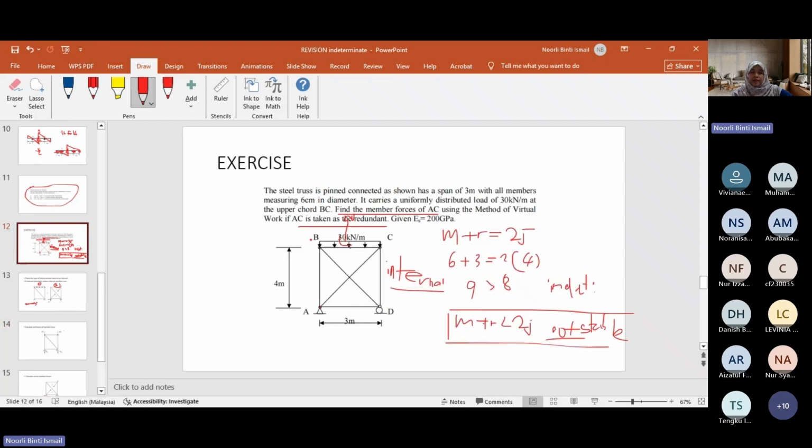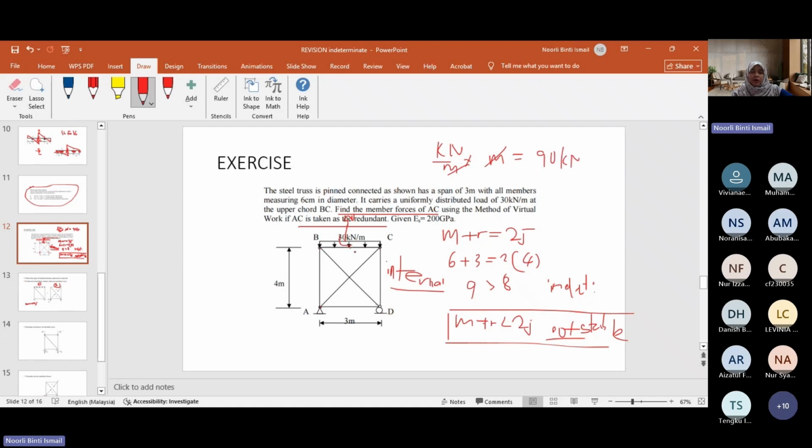Just now we have UDL, right? UDL is in kilonewton per meter. So to cancel meter, you need to multiply with meter, right? Then you will get the point load. So now we will have 90 kilonewton, which will be pointed at the center usually.